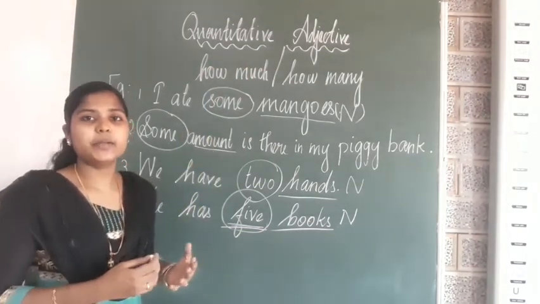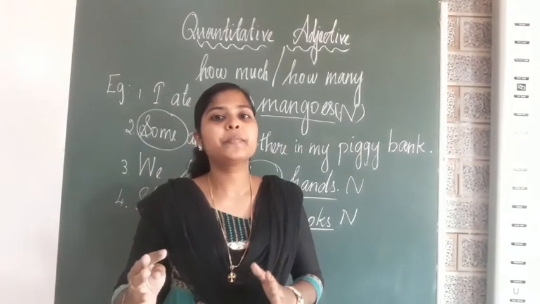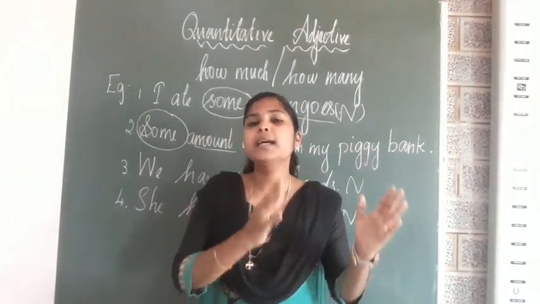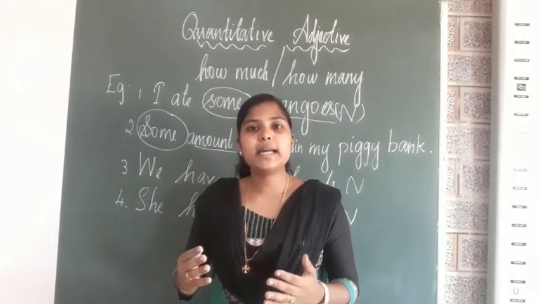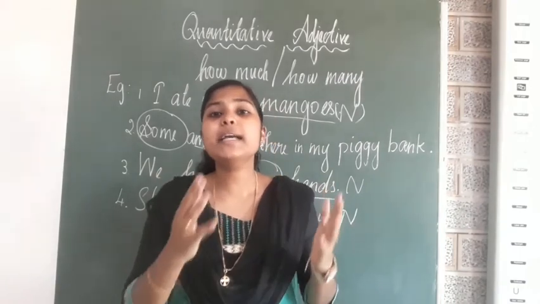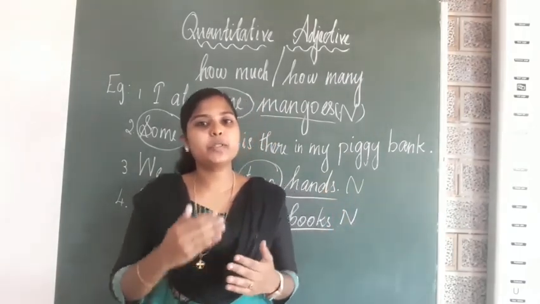Can you understand, students? So what is a quantitative adjective or adjective of quantity? It denotes how much or how many the noun or pronoun is. It shows the quantity of the noun or pronoun. Can you understand up to this?